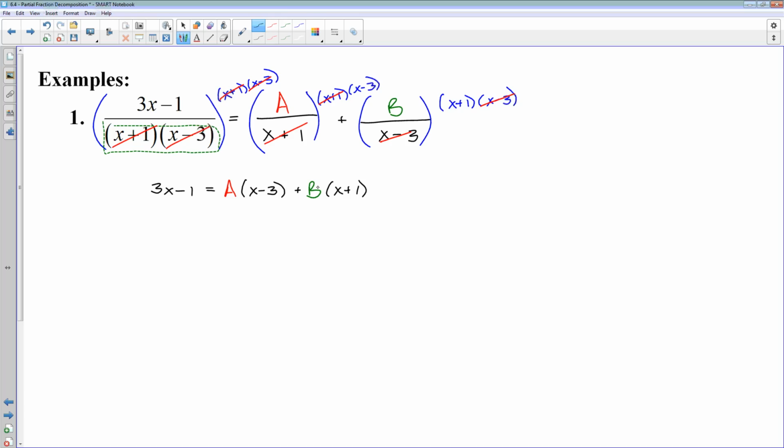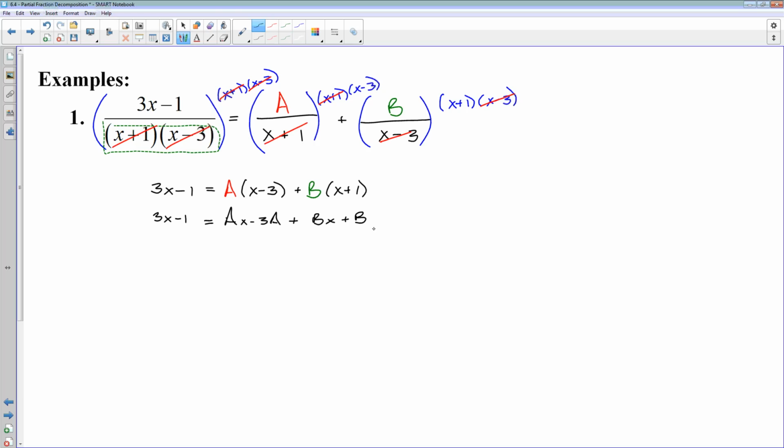The first way I'm going to show you will work for every single partial fractions problem. What we'll do is distribute the A and the B on the right side of the equation. So I have 3x minus 1 equals Ax minus 3A plus Bx plus B. And then I'm going to group my like terms.